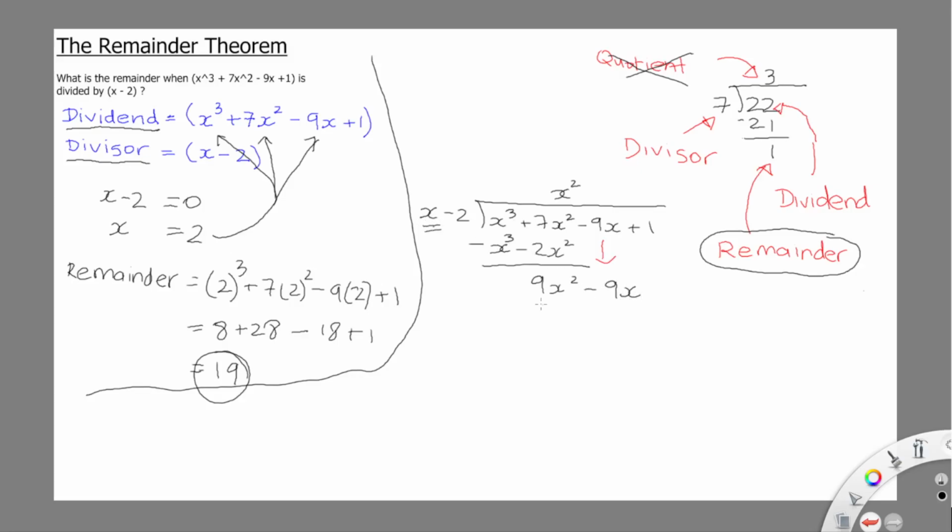This x goes into 9x squared 9x times. Then we're going to multiply the 9x by this entire divisor: 9x squared minus 18x. And then we've got negative 9x subtract negative 18x. That's going to be 9x. And then we have another number that needs to be brought down. That's this plus 1 right here.